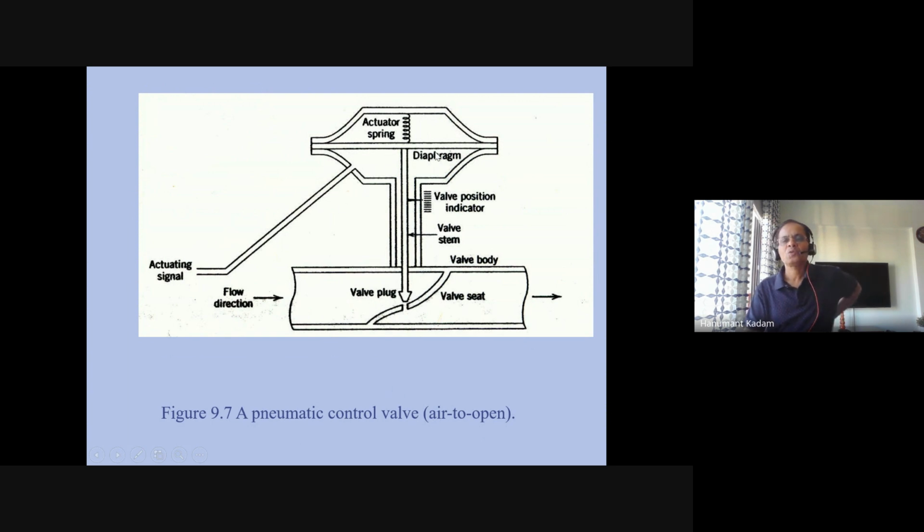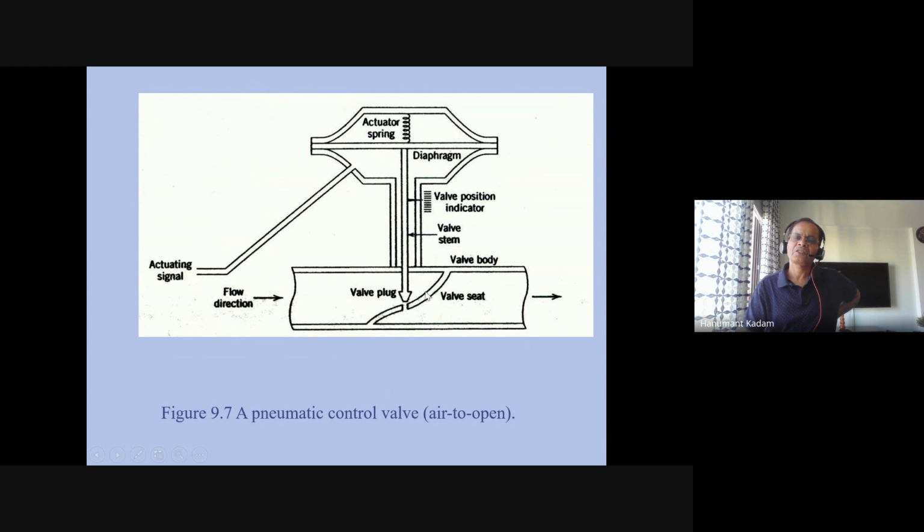The moment air is there, the diaphragm is pushed against the spring and the valve gets open this way. Due to the air signal, say for example 12 psi air has come, it will push this diaphragm upward.